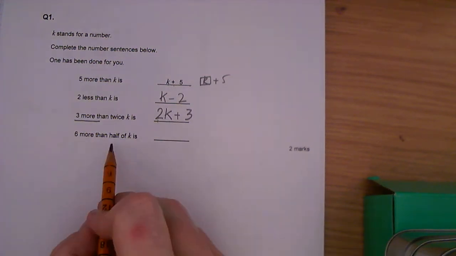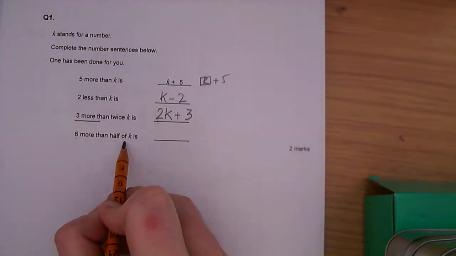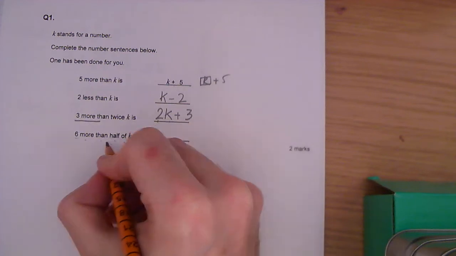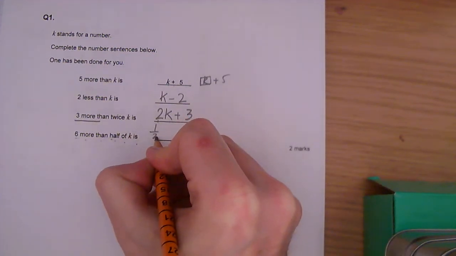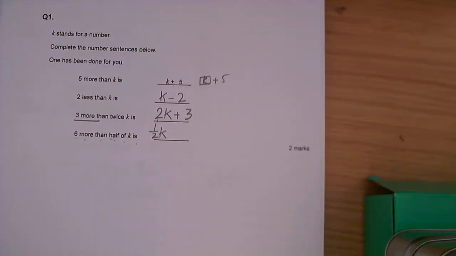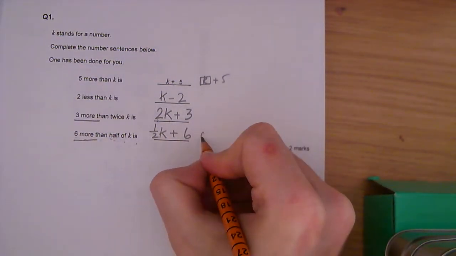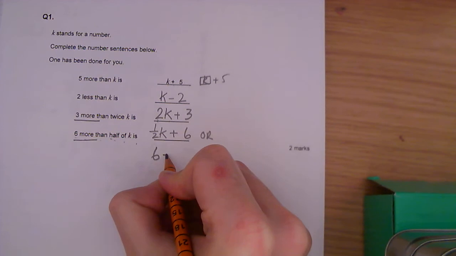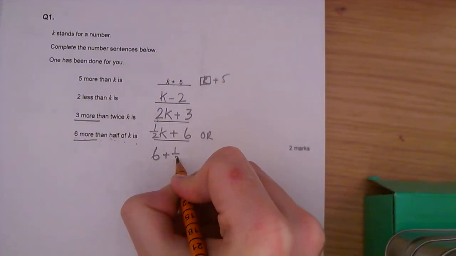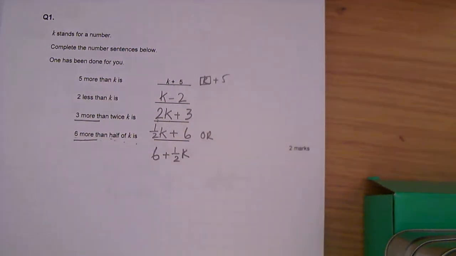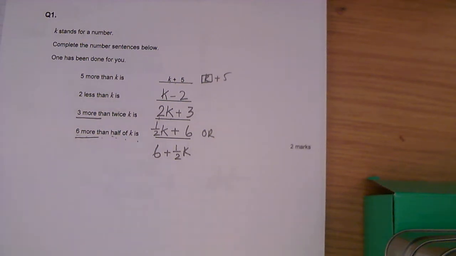And the last one, 6 more than half K. So we've got half K, 6 more, add 6. Or you could write that as 6 add half K. So that's how you write out number sentences or algebraic expressions.